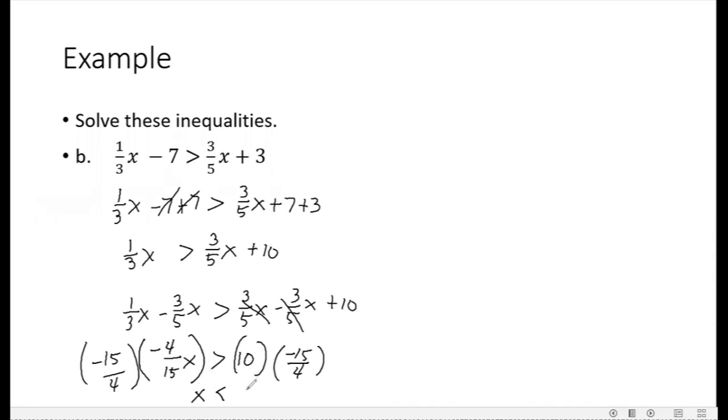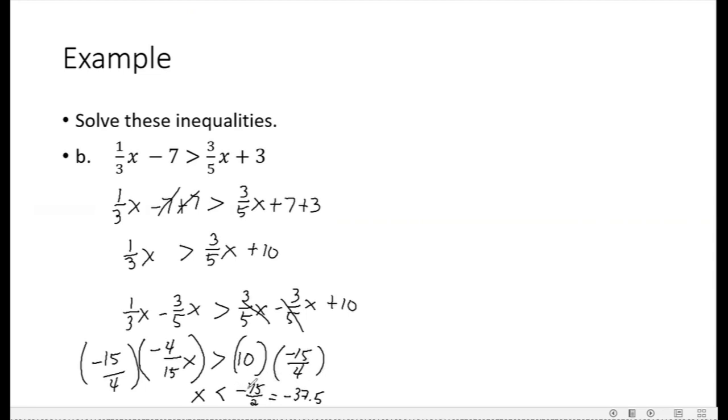So x is less than negative 75/2, and negative 75/2 is equal to negative 37.5 in decimal number.